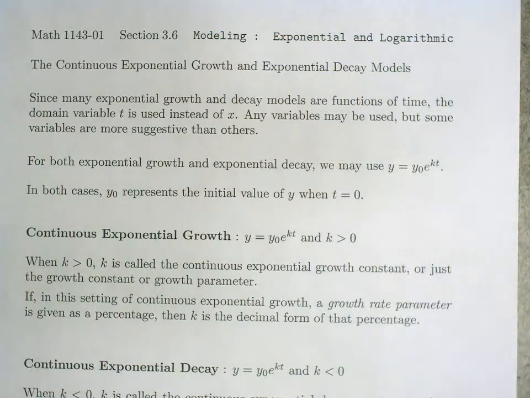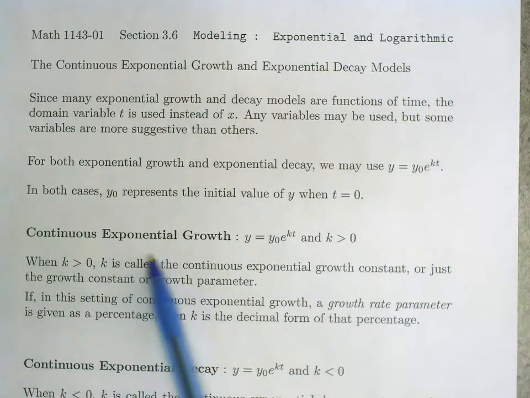You can verify that if you replace t with 0, e to the k times 0 is e to the 0, which is 1, so the y value is y sub 0 when t equals 0. Y sub 0 is just the initial value.